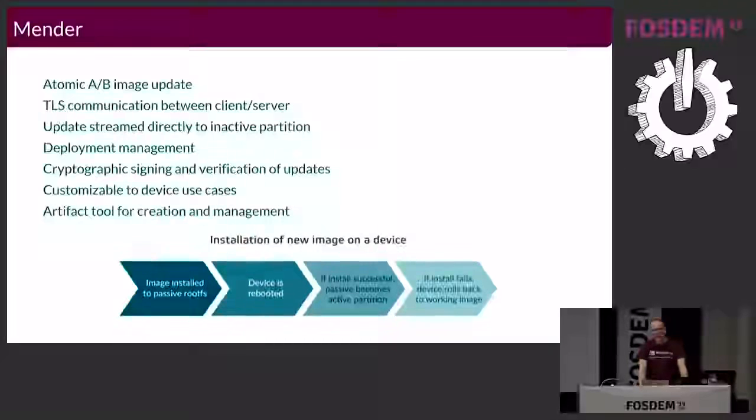And post-install sanity checks and things are implemented with the same mechanism. So there's about 9 or 10 different state changes where the system designers are able to plug in their own customization scripts to be able to control the flow of the states through the Mender updater workflow.